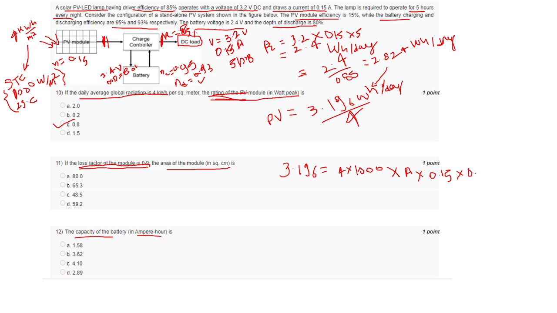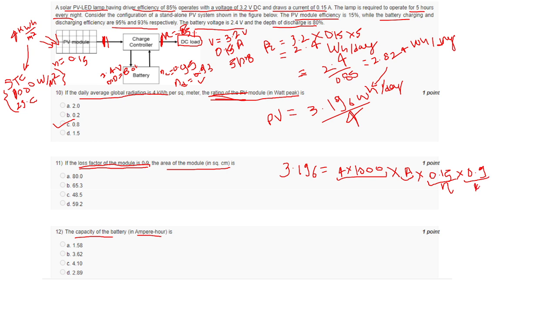So we'll equate this, basically it's an energy balance only. This is your incoming solar flux, this is your area, this is your efficiency, and this is your loss factor.